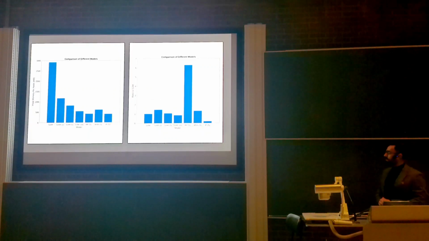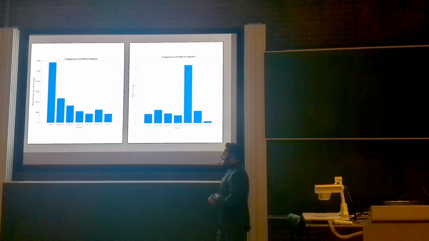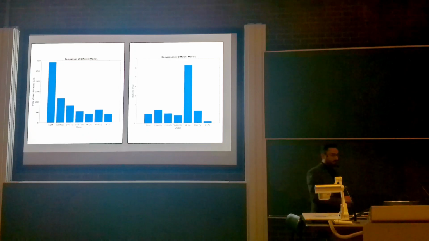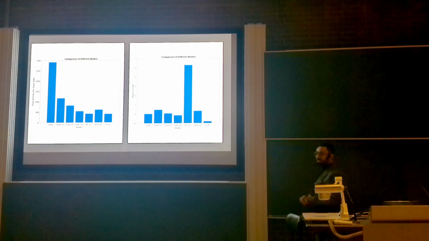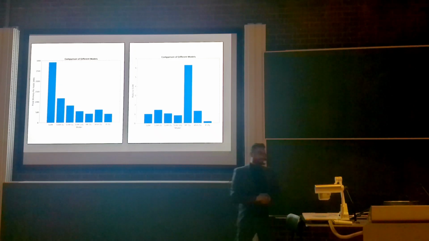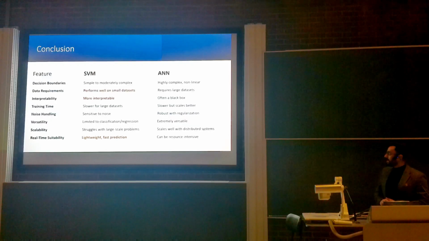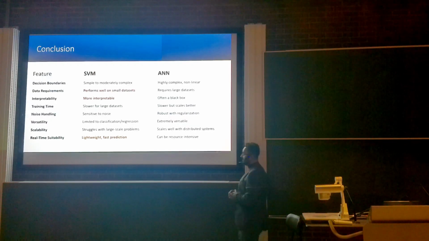Also, if we compare the memory usage, SVM is quite high, unfortunately, and this is because SVM is a linear algorithm compared to ANN, which is just a black box whose results we cannot actually interpret.